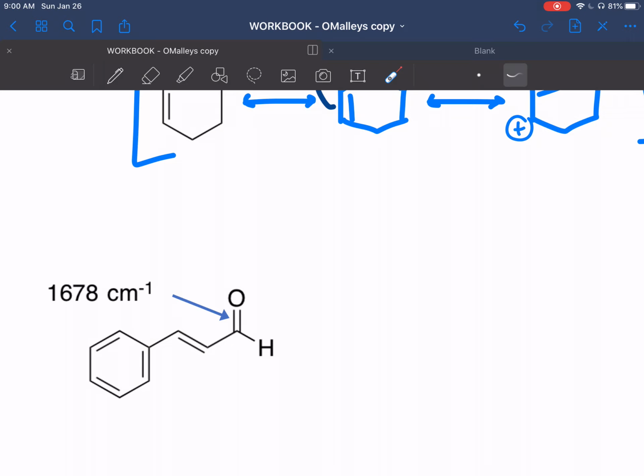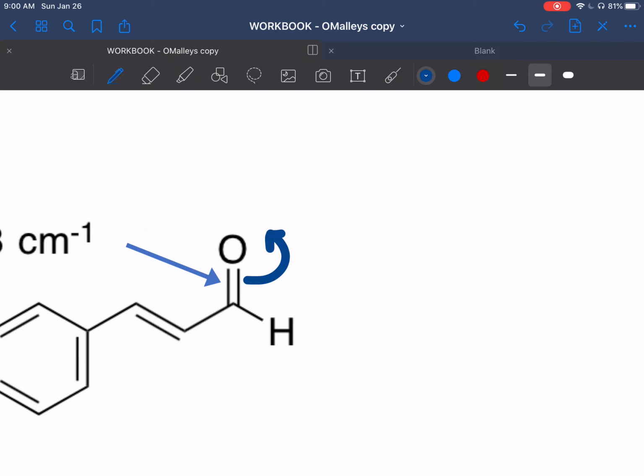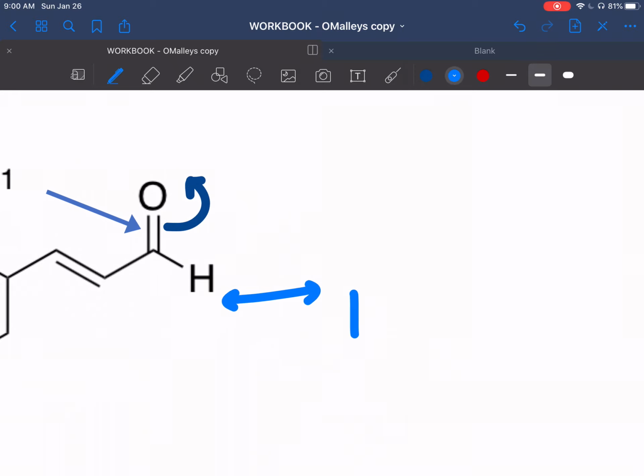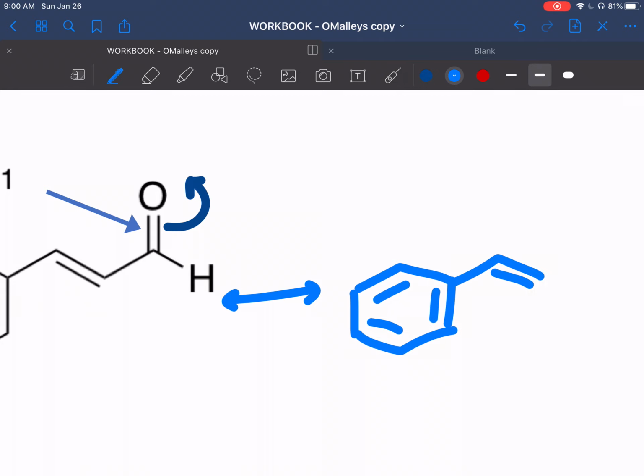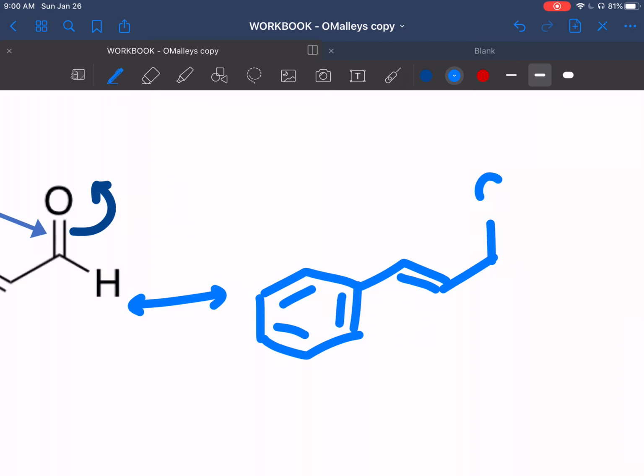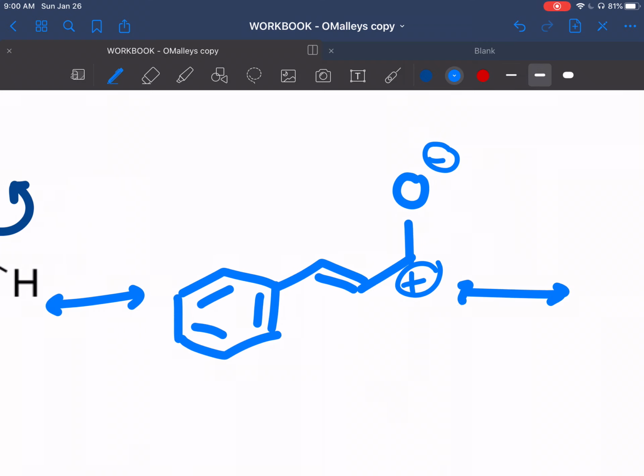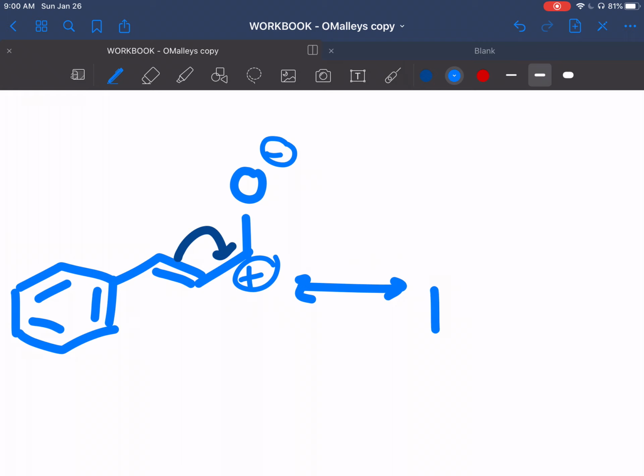Okay, so to start off, we're going to use the same contribution that we had in the previous two, where I simply delocalize that carbonyl pair of electrons up to the oxygen. And following that, we can actually mimic what the previous example did as well and walk that pi bond one over to the left.